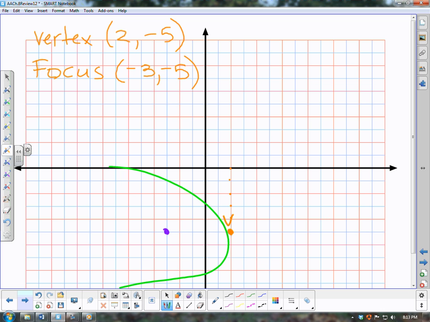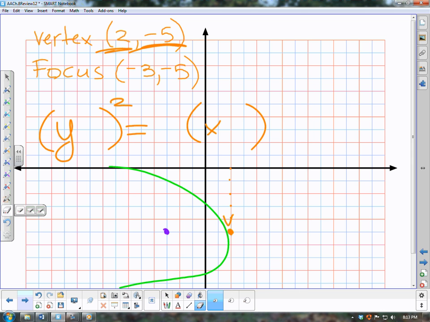And so it's a left and right one, so that's got to be y squared equals something x. And since our center is at 2, -5, x minus 2 will be in the equation, and y plus 5.